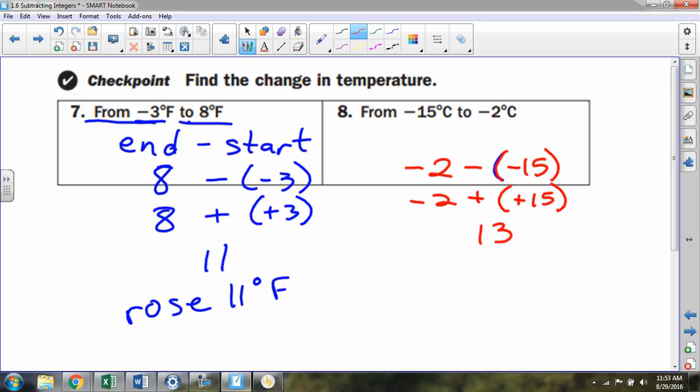You said 12 for 2. I said 12. Yeah. Thank you for correcting me, Chance. -2 plus +15 will equal 13. And so, since it's a positive number, once again, we know that the temperature rose, or it increased, 13 degrees. Not Fahrenheit. That one's Celsius. 13 degrees Celsius.